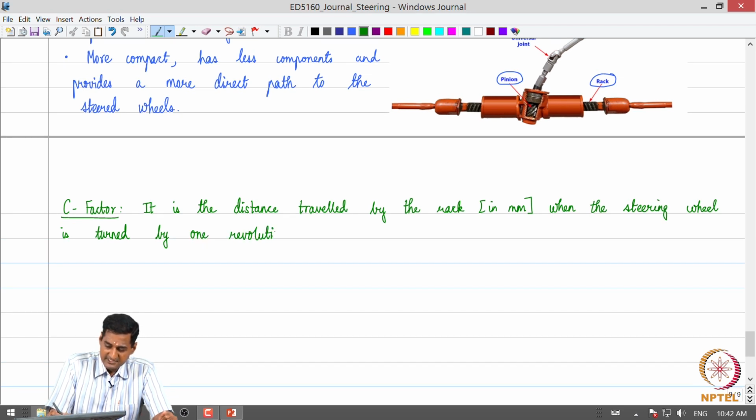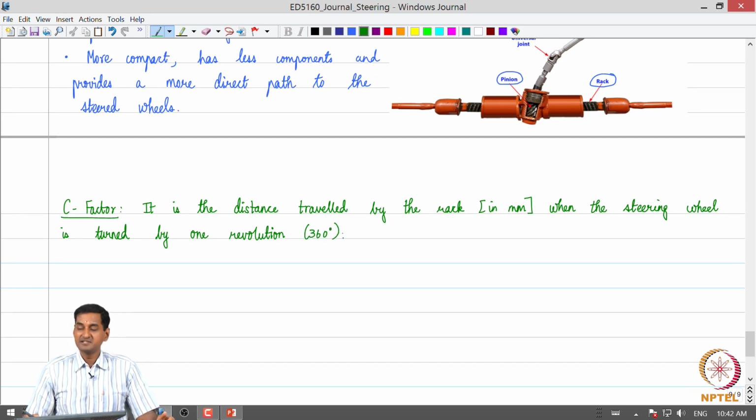So, that means 360 degrees. That is the definition of this term C factor. When the steering wheel is completely turned by one revolution, what is the displacement of the rack in millimeters? That is the definition of the C factor.